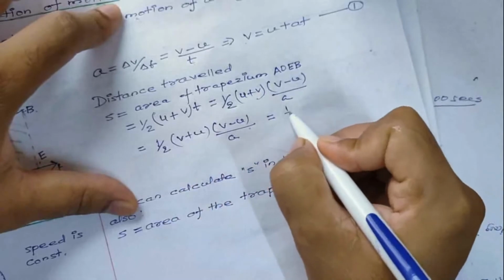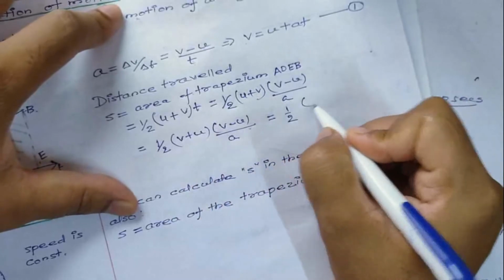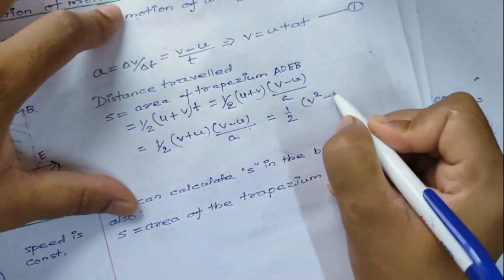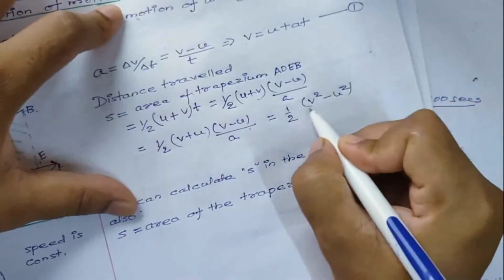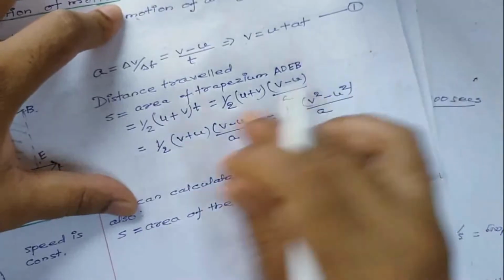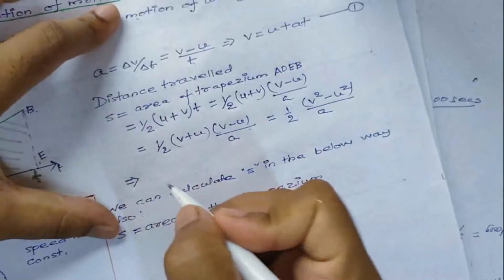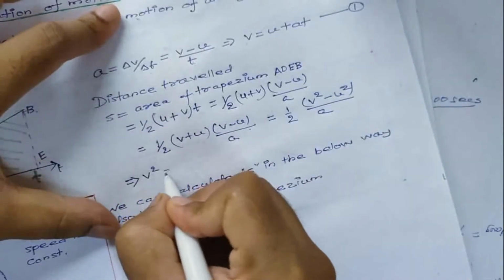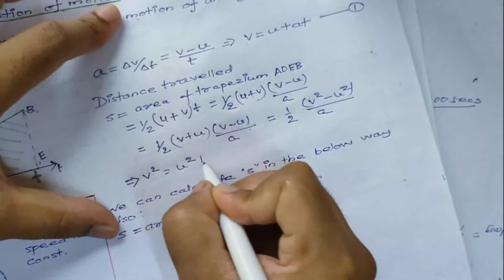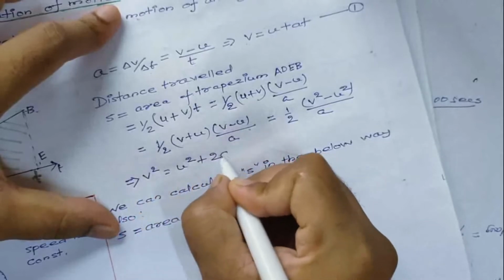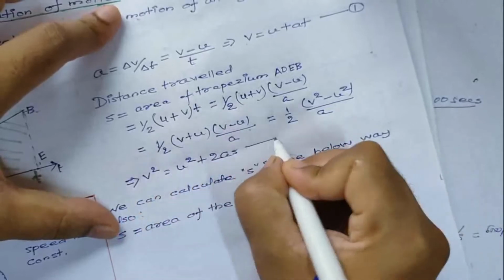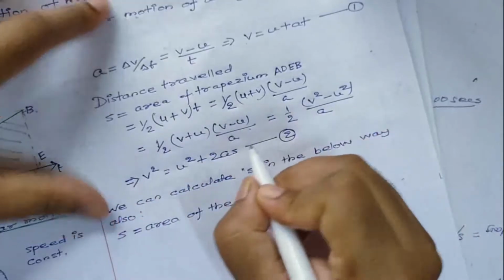So what should we say? This is going to be how much, guys? V square minus u square, and here is a. If you simplify this, you will get v square equal to u square plus 2as. We are done with the derivation of the second equation.